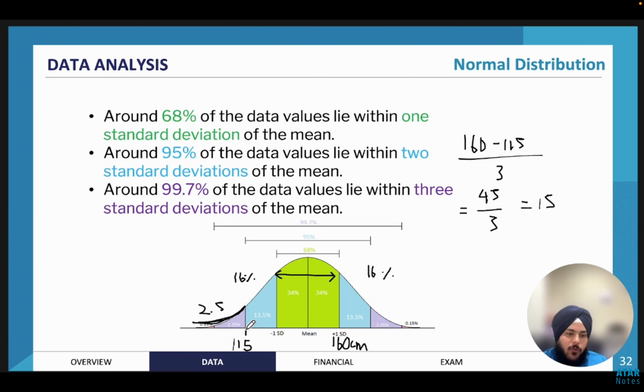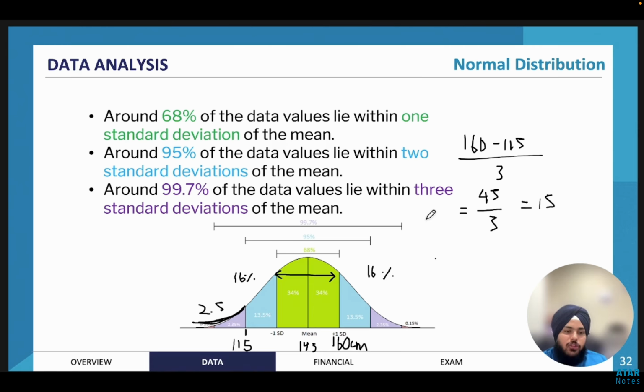So the distance from one interval to the next represents 15. So 115 plus 15 is 130, 130 plus 15 is 145, 145 plus 15 is 160. Therefore, the mean is 145, and the standard deviation is 15 centimeters.